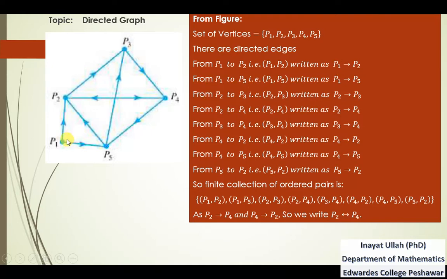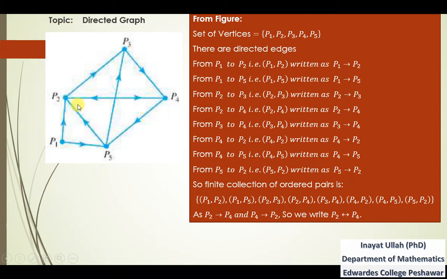Similarly, this edge is from p1 to p5. So from p1 to p5 can be written as (p1, p5) in ordered pair form, and in arrow form it can be written as p1 → p5.